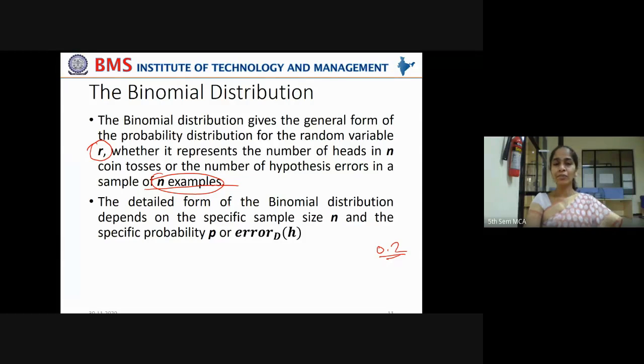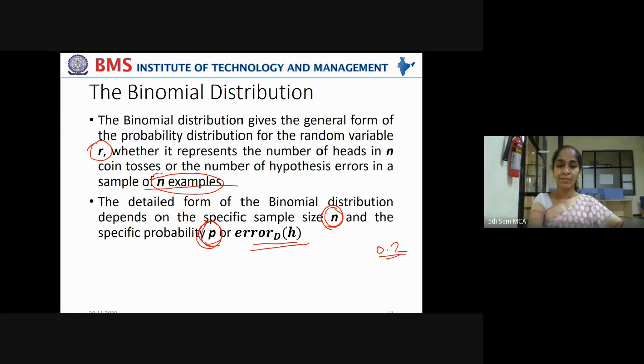Right? So the detailed form of the binomial distribution depends on the specific sample size n and the specific probability P, or the true error of h. If you want to understand this binomial distribution in detail, it depends on the sample size, the number of data points in a specific sample, that is n, the new instances being taken, and the specific probability P, the probability of observing a specific event, either error in the predictions or correct predictions.